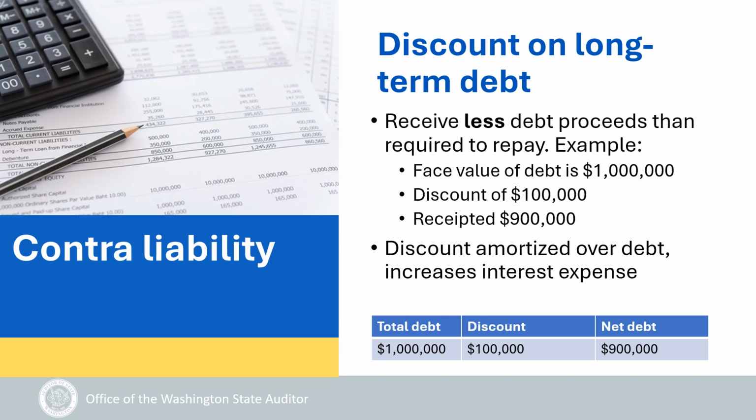This discount is a contra liability account or a negative liability, so it reduces the related liability account. The government reports a net debt of $900,000. The discount gets amortized over the debt repayment period, which increases the interest expense.